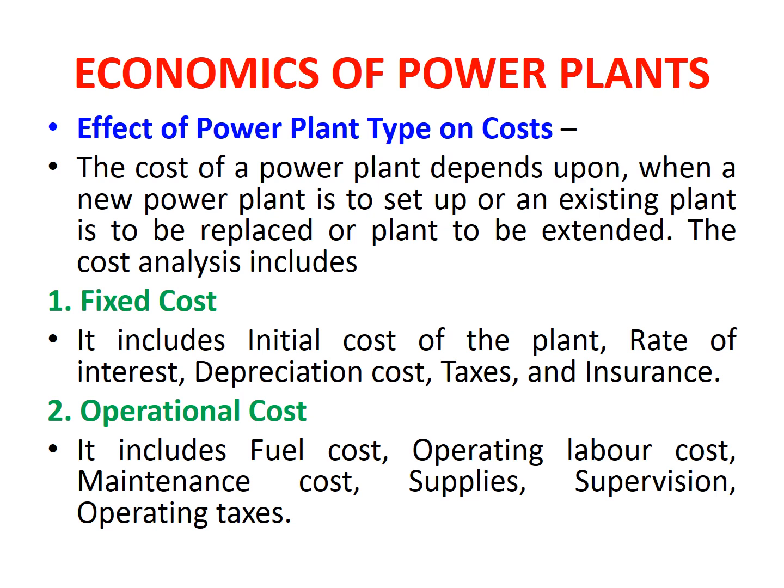So what does fixed cost include? It includes the initial cost of the plant, then rate of interest, then depreciation cost, then taxes and insurance. And operational cost includes fuel cost, then operating labor cost, maintenance cost, then supplies, then supervision and operating taxes.